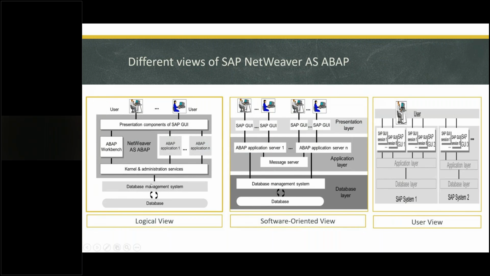Below that you have the database management system, and below that the database. This is the logical flow. Suppose you are accessing an application, let us say you are displaying a purchase order. How the request will be routed through all of them, and which technical components are behind, this will give you.